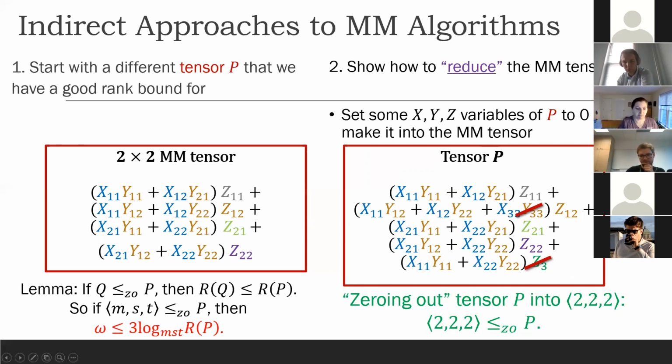So if I can get a very good rank bound on P, and I happen to get that the matrix multiplication tensor M by S by S by T can be zeroed out from P, then I also get a bound on omega. Very simple. So it's a reduction from matrix multiplication to potentially larger looking tensors where you get to zero out some variables and you get bounds. So it gives us more freedom.